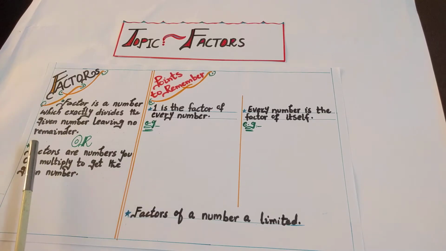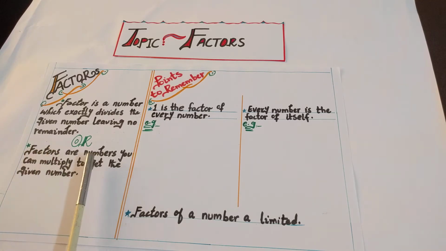Or in other words, factors are numbers you can multiply to get the given number. Meaning if you multiply any two numbers and you get the given number as the product of those two numbers, then those numbers are called factors.